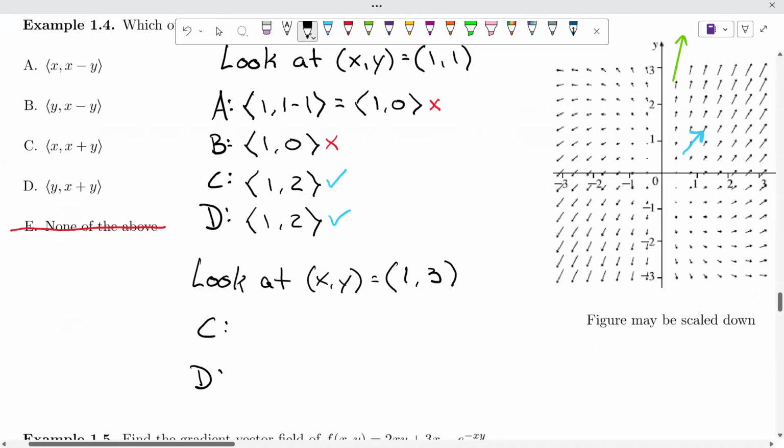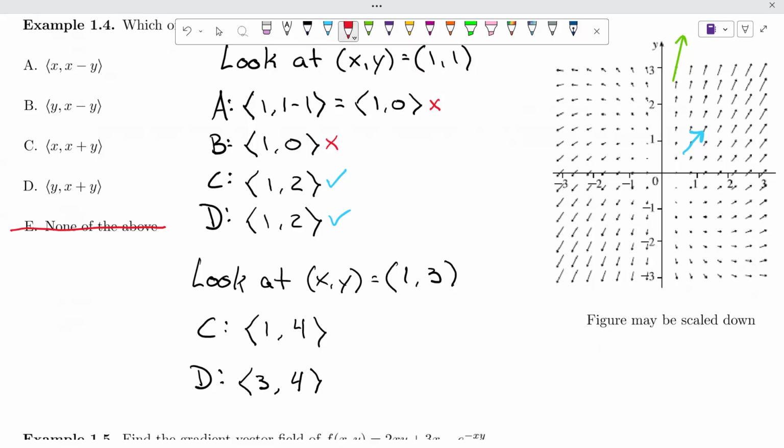And between C and D, they're on screen over there to our left. C is going to be the field x, x plus y. So that'll be 1, 1 plus 3, which is 4. And D will be y, x plus y. So that looks like 3, and then 1 plus 3 is 4 again.